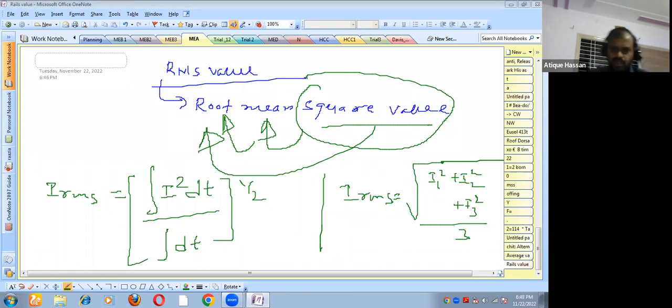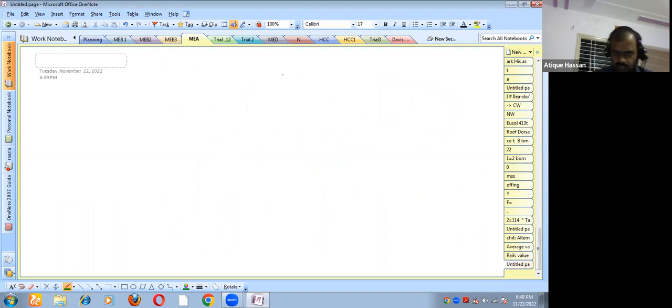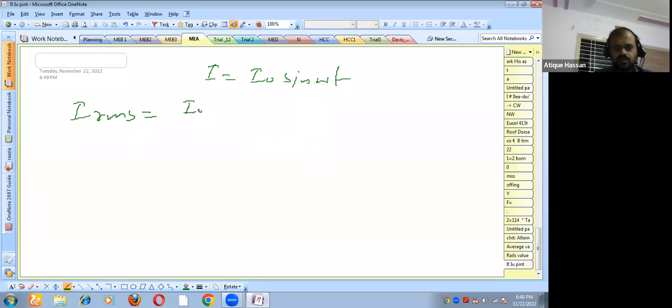I'm not going into more derivations and all. We will directly do the questions. That will be better. So for I is equal to I naught sin omega t, when you calculate the value, you will get I RMS equal to I naught by root 2.